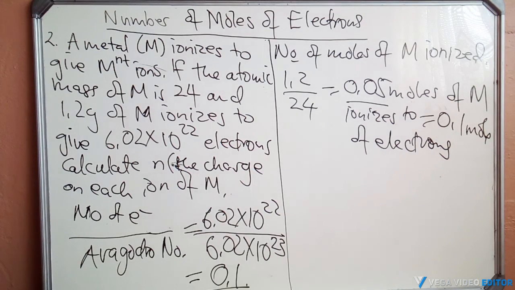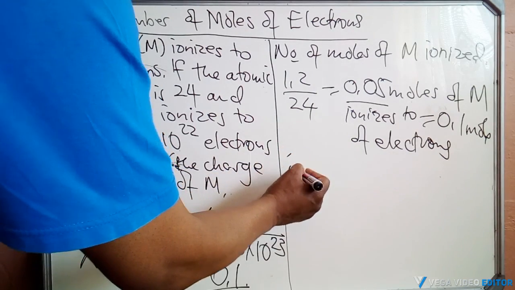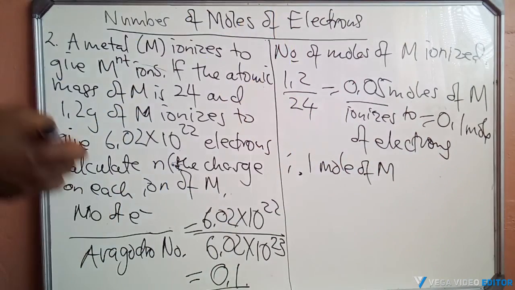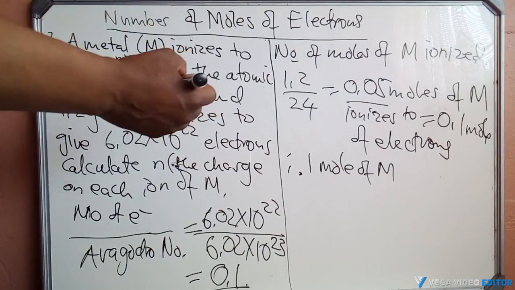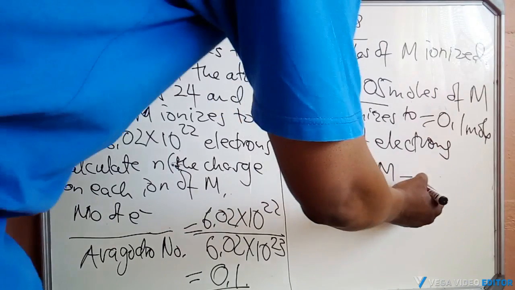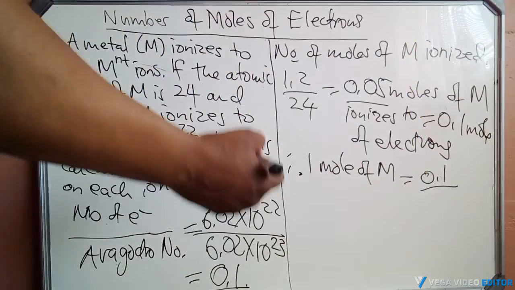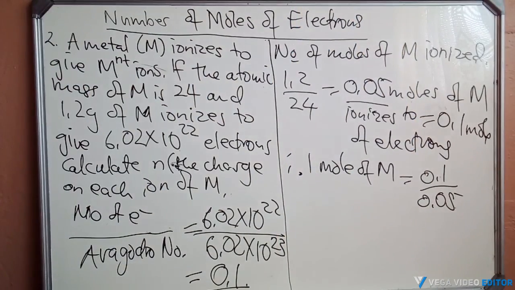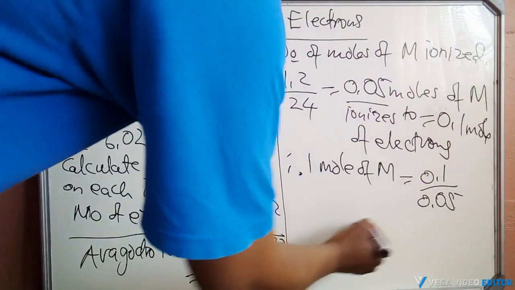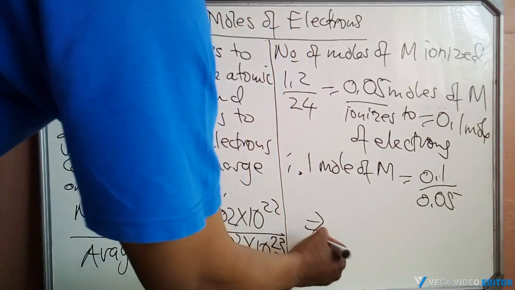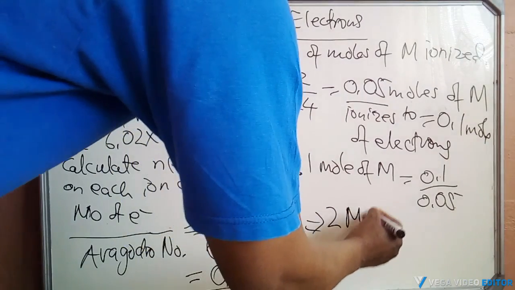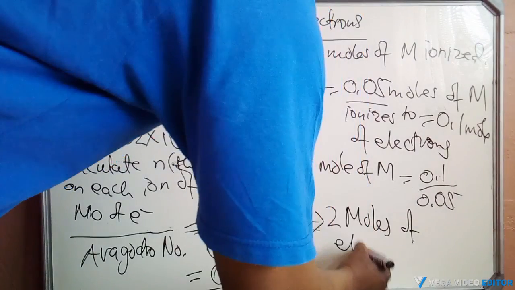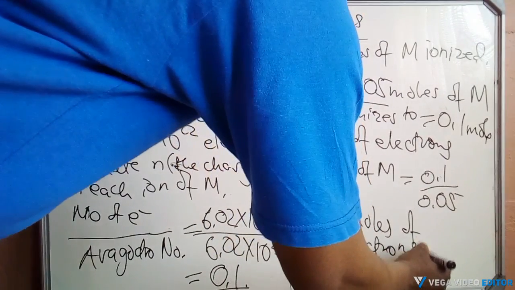So 1 mole of M will give us 0.1 divided by 0.05. If you do the math quickly with your calculator, this will give us an answer of 2 moles of electrons.